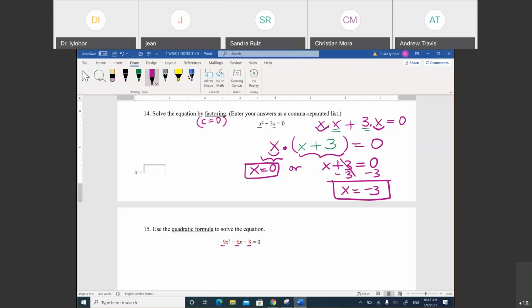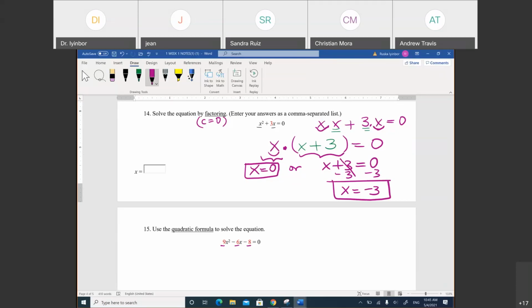If you notice here, we get two answers. Always keep in mind, a linear equation, which has only x and numbers, has only one solution. A quadratic equation, with x squared, always has two answers. If the equation has x cubed, it's going to have three solutions. An equation with exponent 5 is going to have 5 answers.